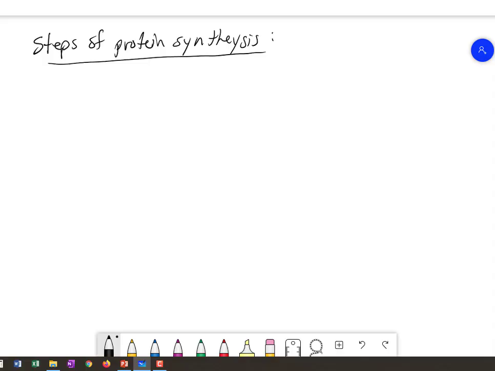This is just the basic concept of protein synthesis. So you should understand that DNA within the nucleus gets transcribed into RNA, and that RNA gets translated into proteins. Okay, this is one of the basic dogmas of biology.